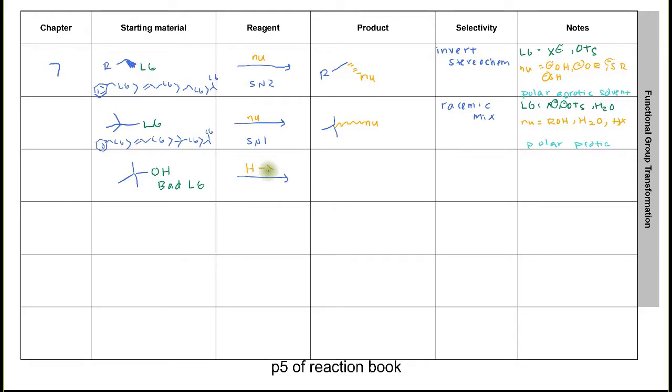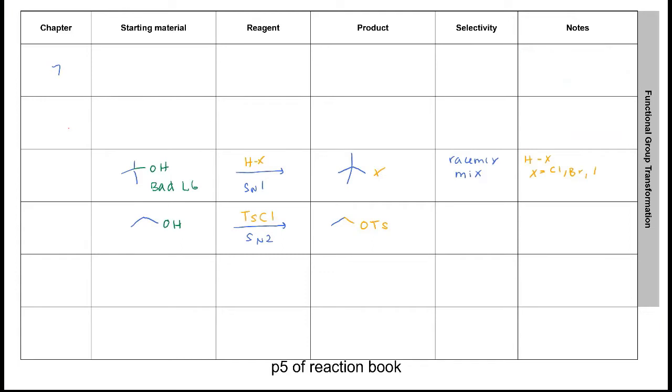And that will protonate that alcohol and make it water. And then once the water leaves, which we know is a good leaving group, we can do that substitution. So this is also a racemic mix. So you can use HX here. All right, sorry about that.